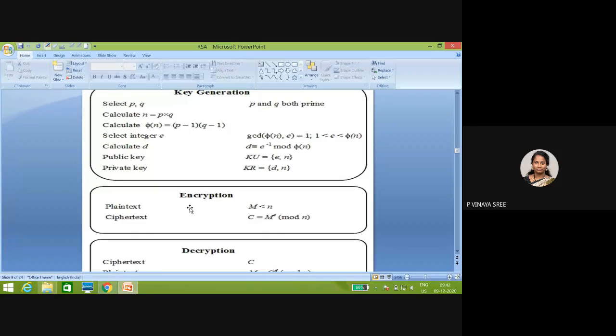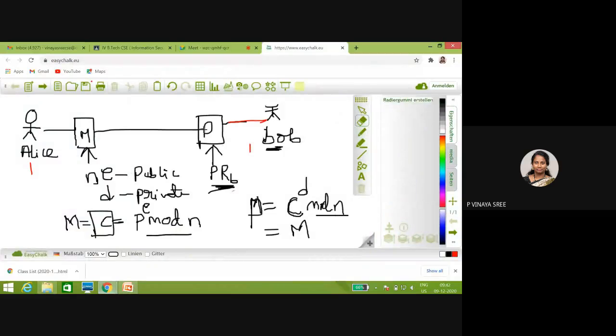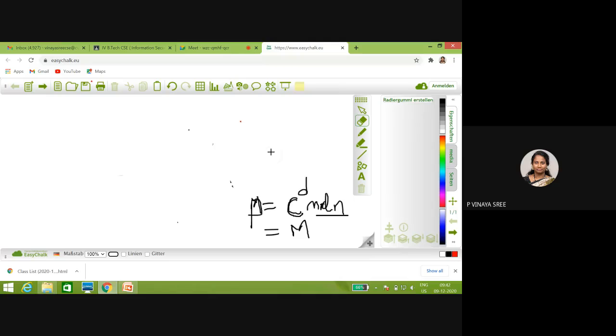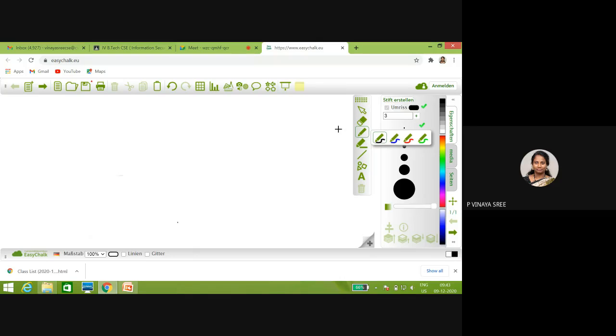For finding the GCD, it takes more time, so here we are using the Euclidean algorithm for finding that. We need to find E. E is the public key of the receiver.